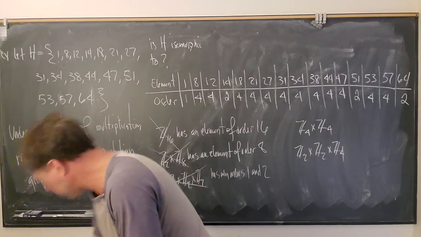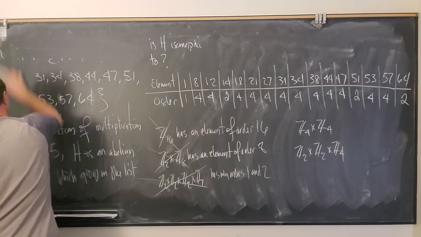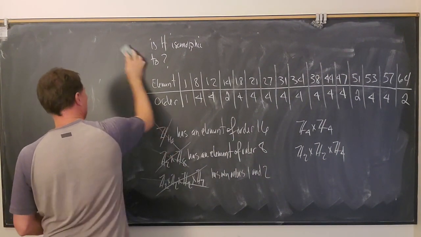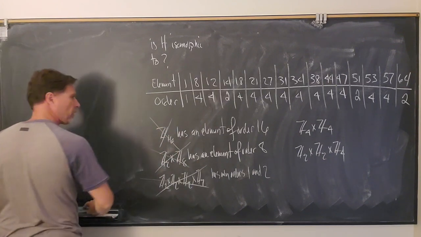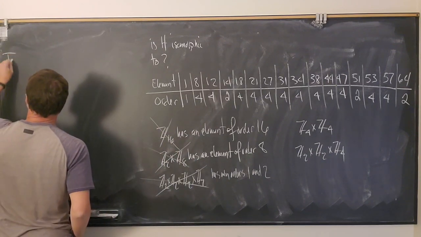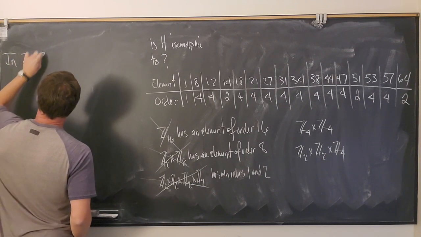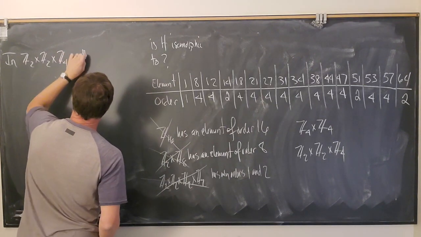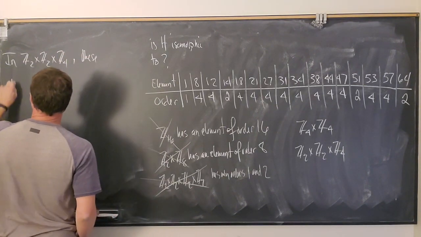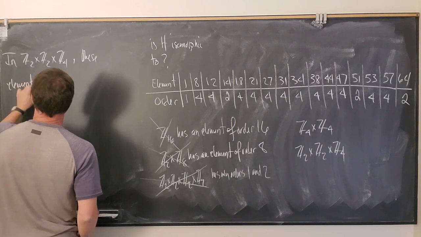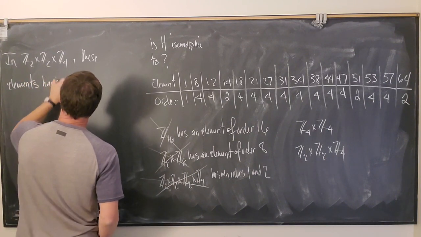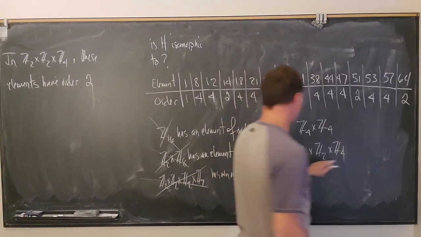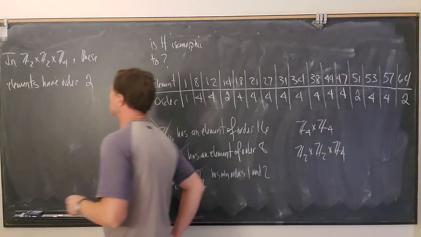So I'm going to just work in Z2 cross Z2 cross Z4. Remember in here we've got ordered triples, and so I want to write down some elements of order 2.